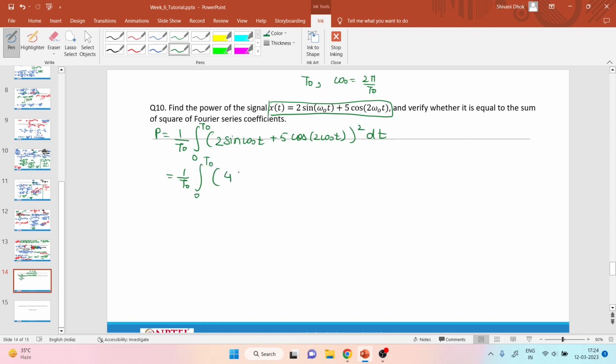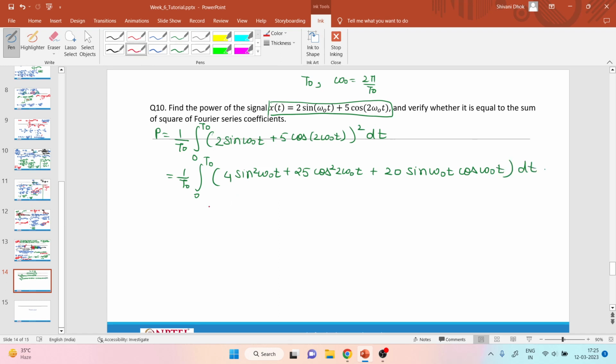This is 4 sin square omega naught t plus 25 cos square 2 omega naught t plus 20 sin omega naught t cos 2 omega naught t dt.